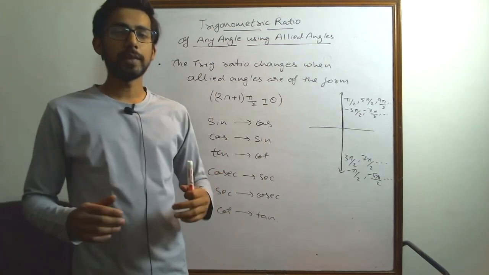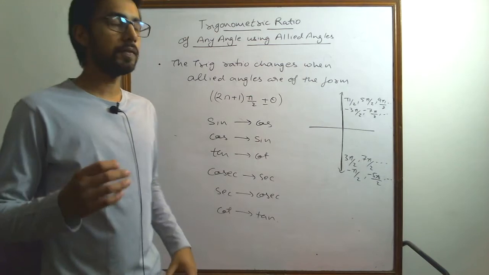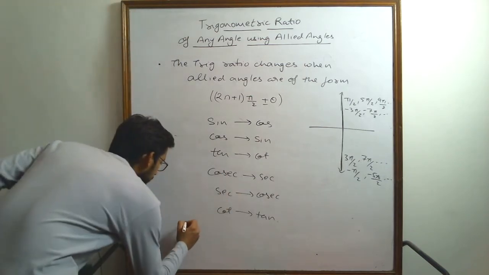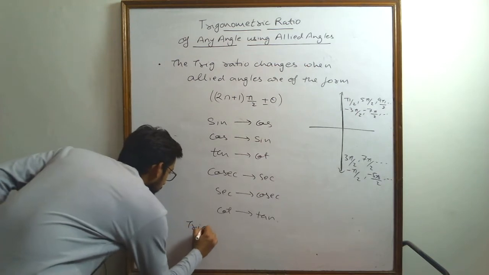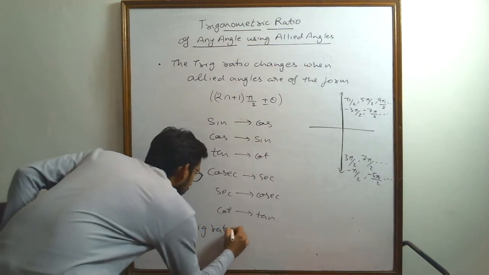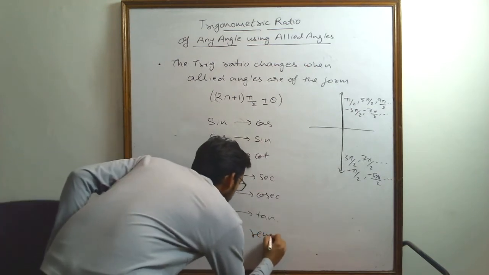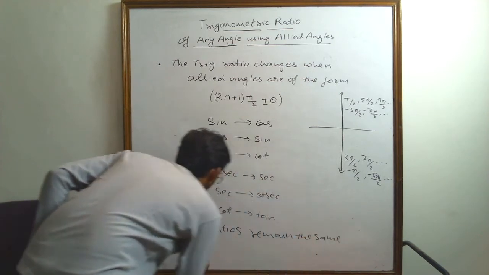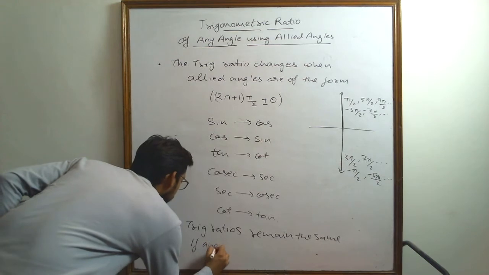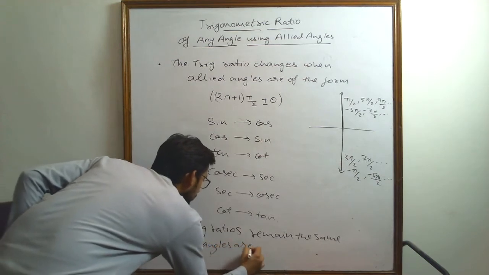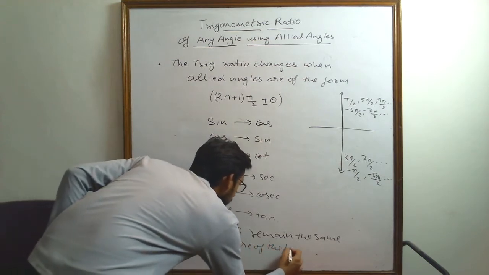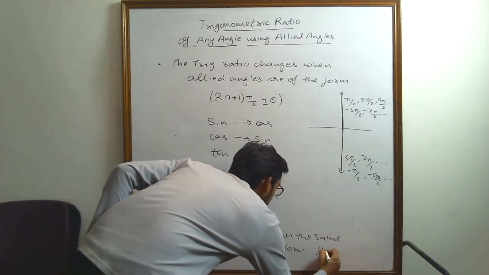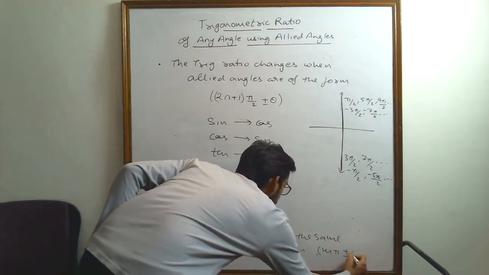Also, the trigonometric ratios remain the same if allied angles are of the form m pi plus minus theta. So ratios remain the same if angles are of the form m pi plus minus theta.